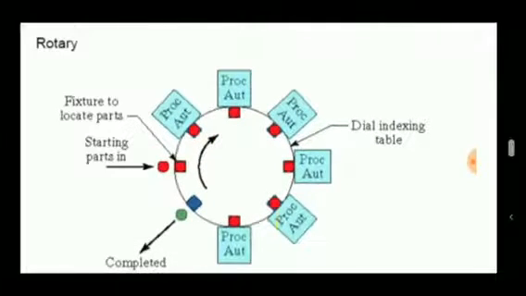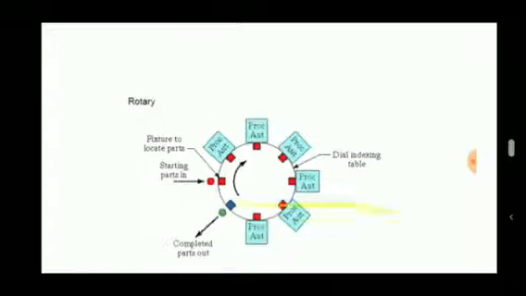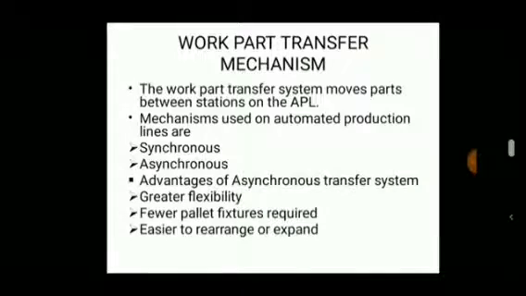In this rotary table, fewer pallet fixtures are required, for example 7 or 8. The pallet fixtures that you used come back to the position in a cycle, so that no more pallet fixtures are required. This is the advantage of the asynchronous transfer system.